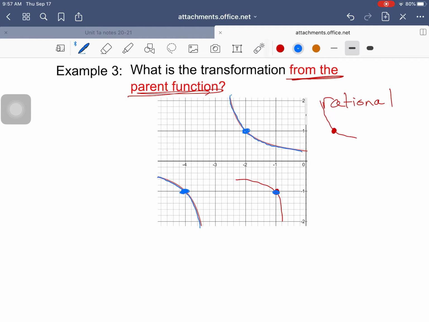So I'm going to circle those. Now we're looking at what kind of transformations are happening. If I'm going to the bottom left here, it goes left 1, 2, 3. And the top one, would that also work? Left 1, 2, 3. Yep, so it's a rational function and it goes left 3. That's all we need to know.